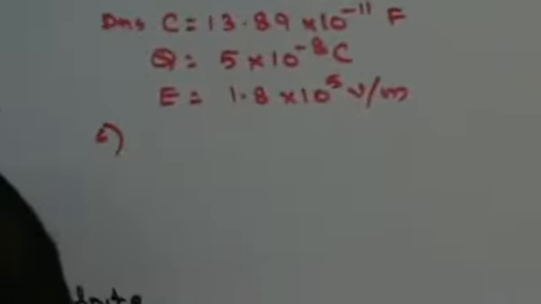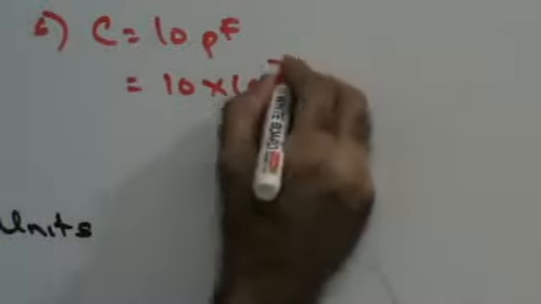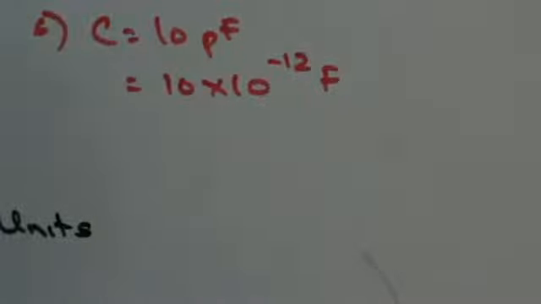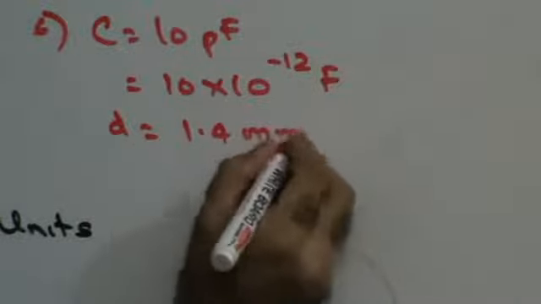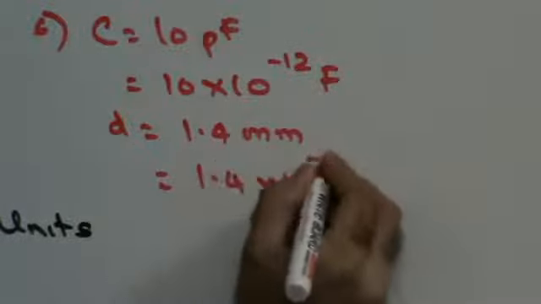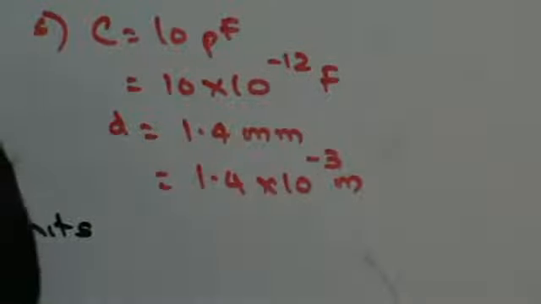The capacitance of a parallel plate capacitor is 10 picofarads. The plates are separated by a distance of 1.4 millimeters.